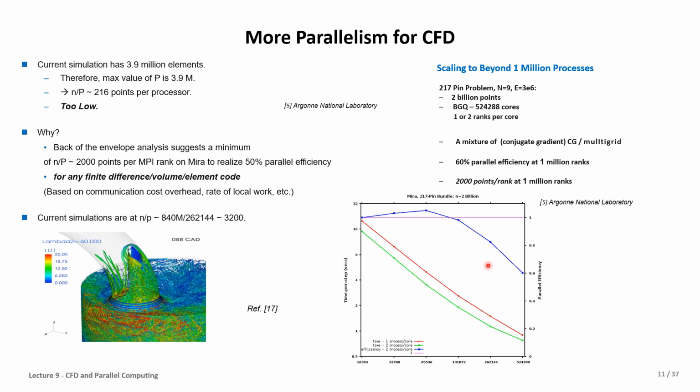That means we have 60% parallel efficiency at 1 million ranks and 2000 points per rank at 1 million ranks. This is an example of what happens when we do more parallelization and how it looks in the result.